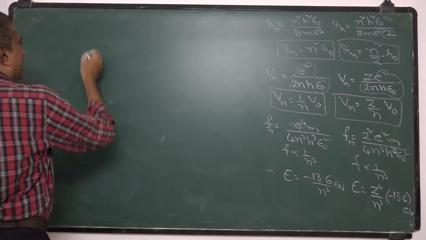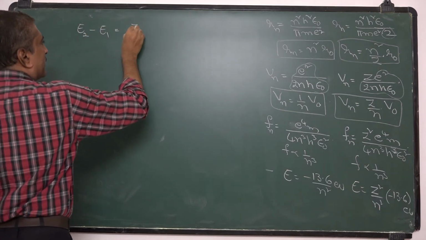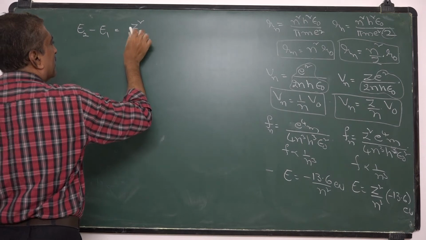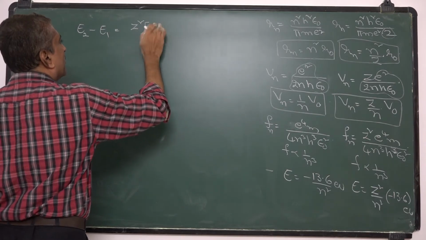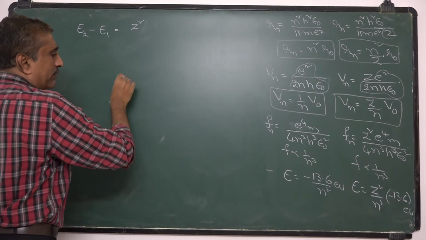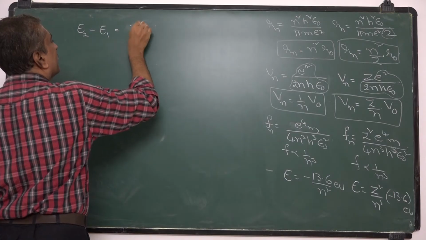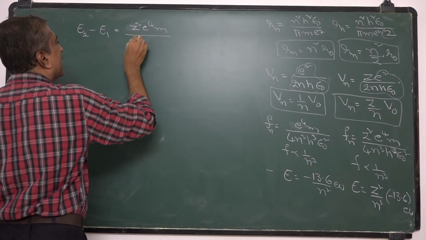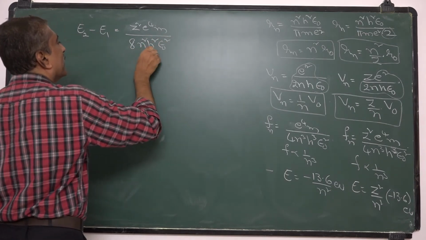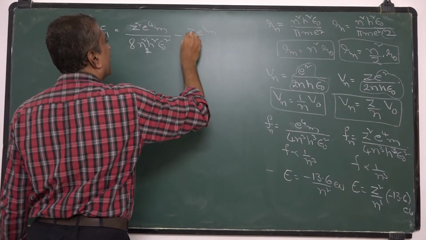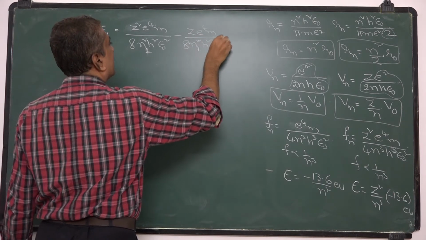From that equation we can write, if the electron jumps from E2 to E1, that is given by Z square e power 4 m by 8 n2 square h square epsilon naught square, minus Z square e power 4 m by 8 n1 square h square epsilon naught square.